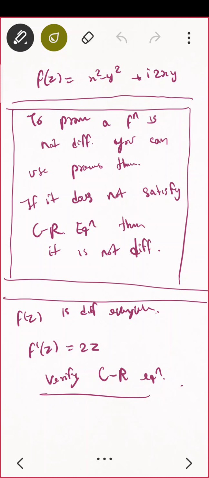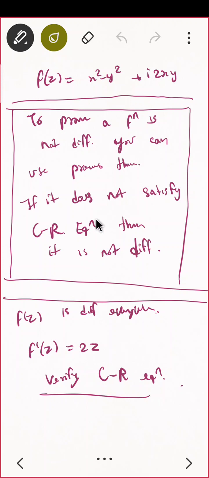Now remember one thing: as we know, derivative exists implies CR equation satisfied, correct? But what will be the converse of this? If the function is not satisfying the CR equation, then it is not differentiable. So we can use this to prove that it is not differentiable. That is what I have written in the box.